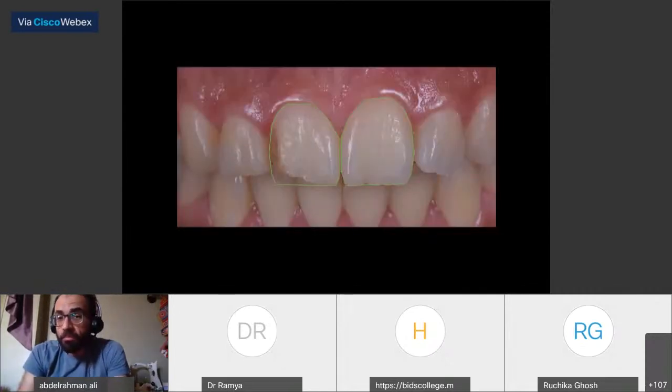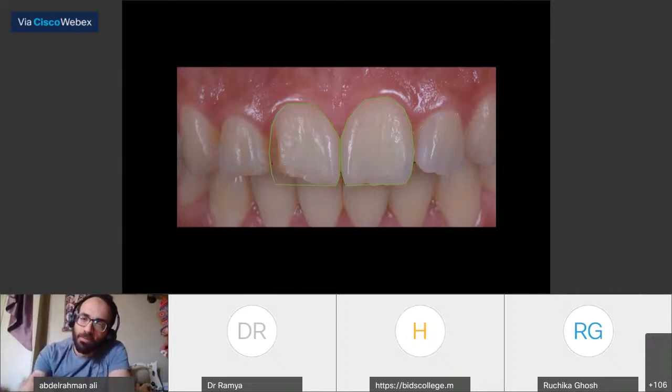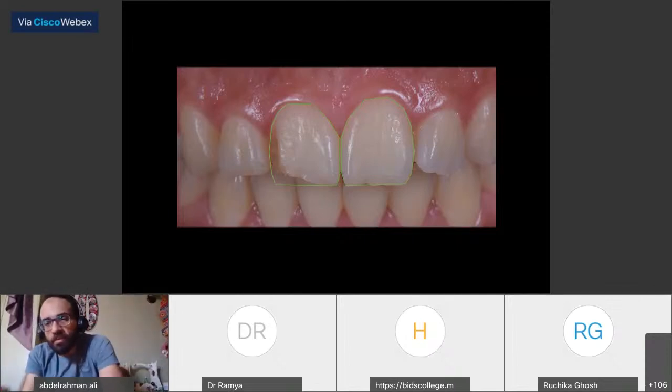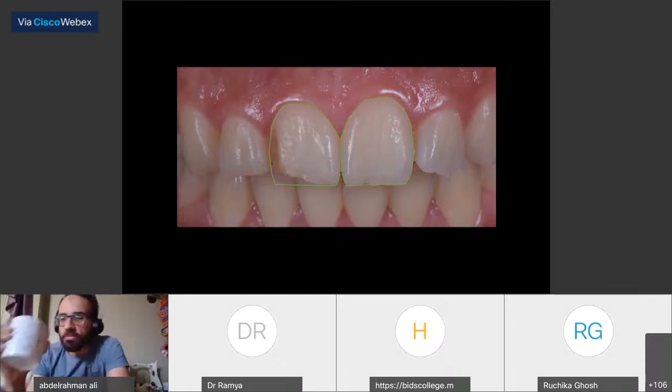So the shape means that you have to know the shape. Take a very simple example, when we do a posterior composite restoration on the upper first molar. Usually in my courses, and in all the courses, when we do the hands-on, they will do either the lower first molar or the upper first molar.